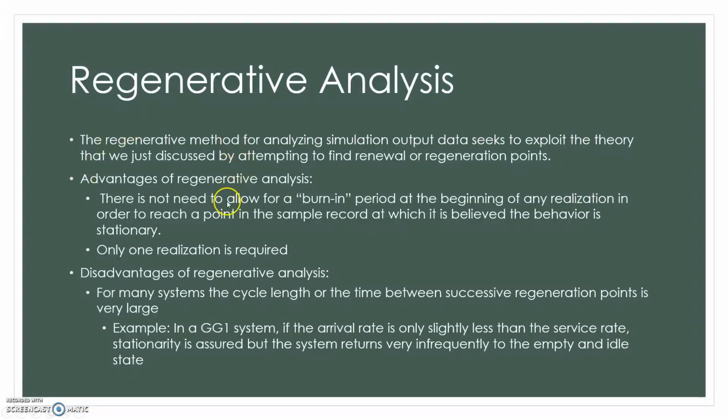Also, only one realization is required, so that's nice. But a disadvantage is that for many systems the cycle length, or the time between successive regeneration points, is very large. For example, in a G/G/1 system, if the arrival rate is only slightly less than the service rate, stationarity is assured, but the system returns very infrequently to the empty and idle state.